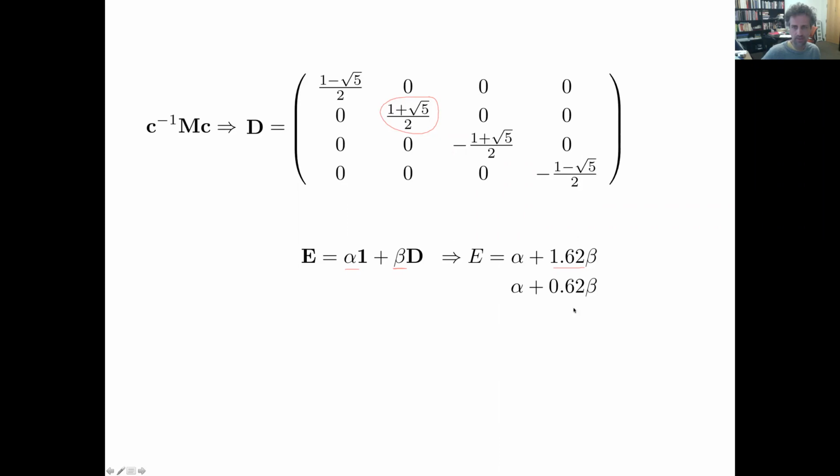The next one is alpha minus 0.62 beta. And then the last one is alpha minus 1.62 beta. That is the most positive solution that we find here.